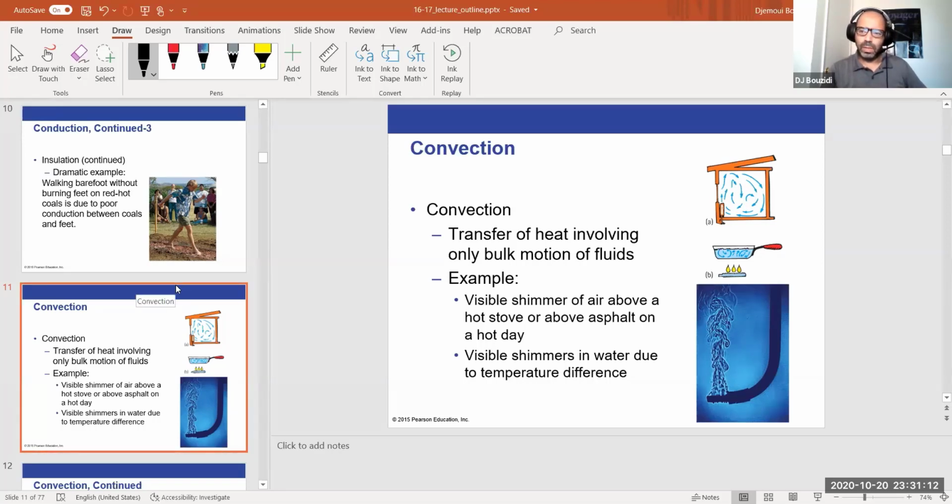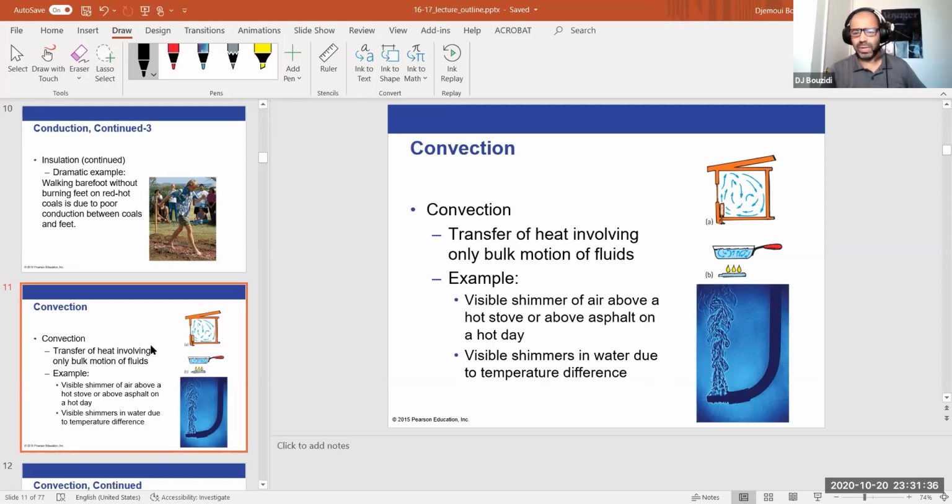It's the motion of the fluid itself that transfers heat. The fluid itself is moving, takes heat with it, cools down, and gets the temperature less, in these cyclic rotations.